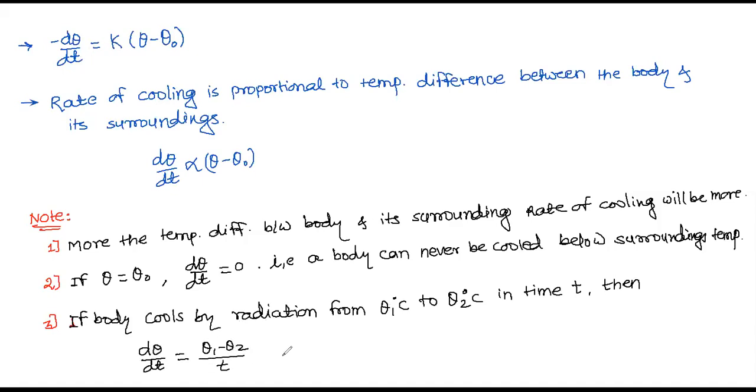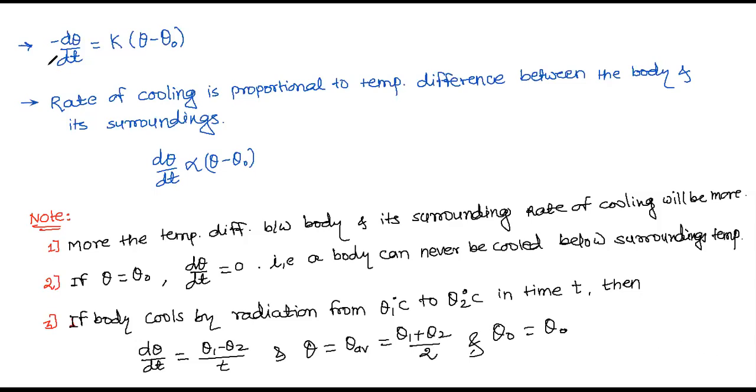Next, theta will be equal to theta average, that is, theta 1 plus theta 2 divided by 2, and theta naught remains theta naught. Understand? So note this down first.